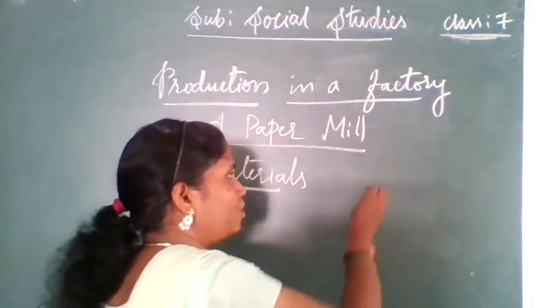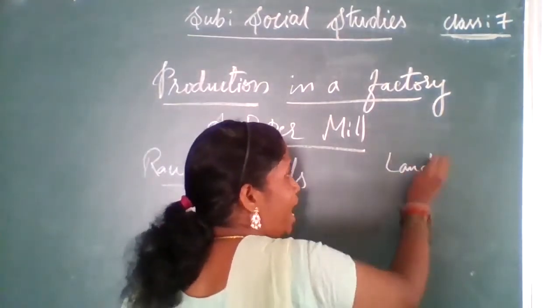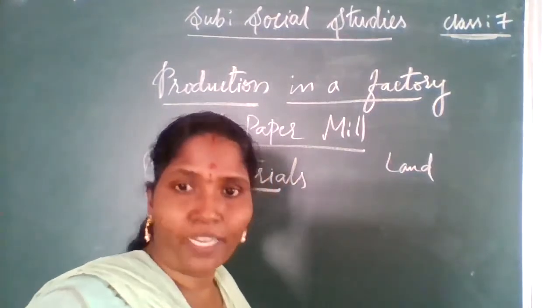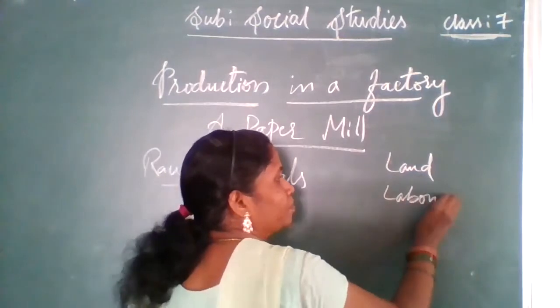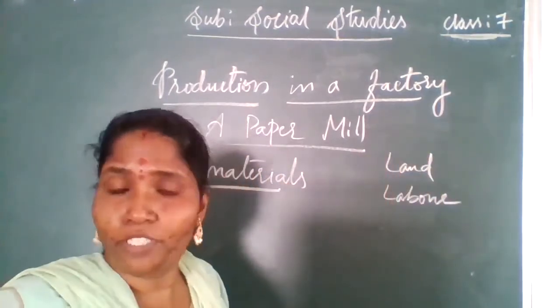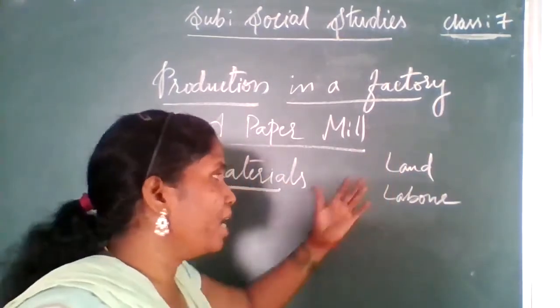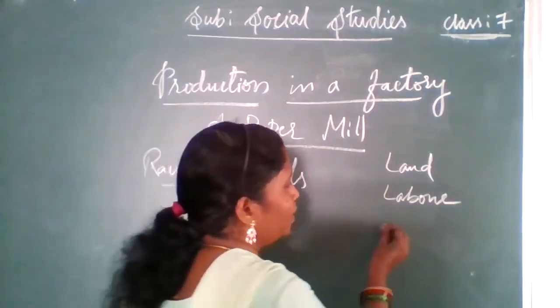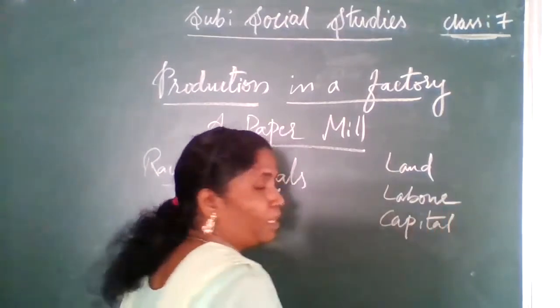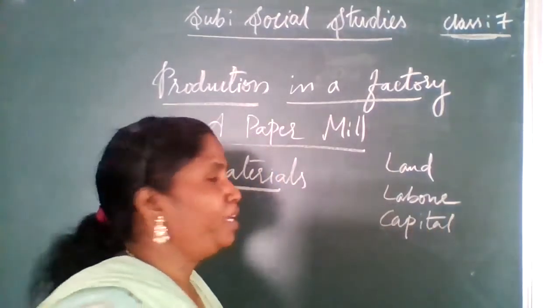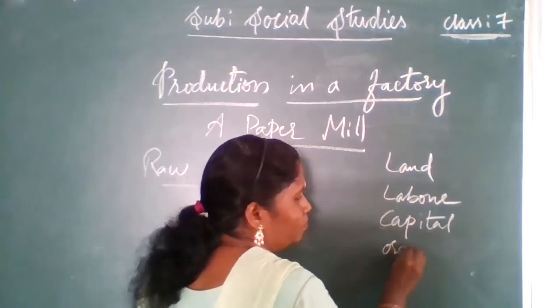First of all, land we require. It's very essential for us. Land, then labor, in order to produce the good or do something, right? Land, labor, then capital, isn't it? Then the next one is organization.